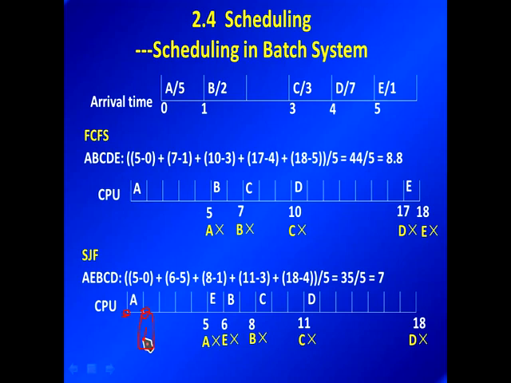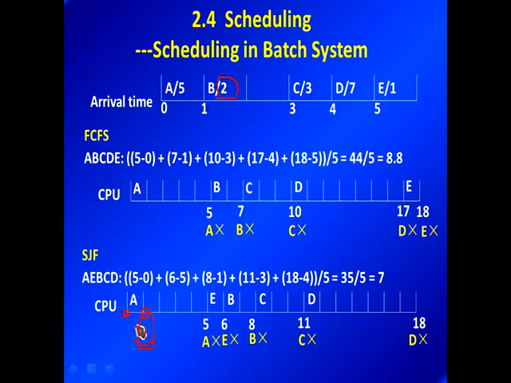So according to the basic idea of shortest remaining time next, the scheduler needs to compare the remaining time of job A and B. A needs 4 more minutes to finish its job, but the newly arrived job B just needs 2 more minutes.